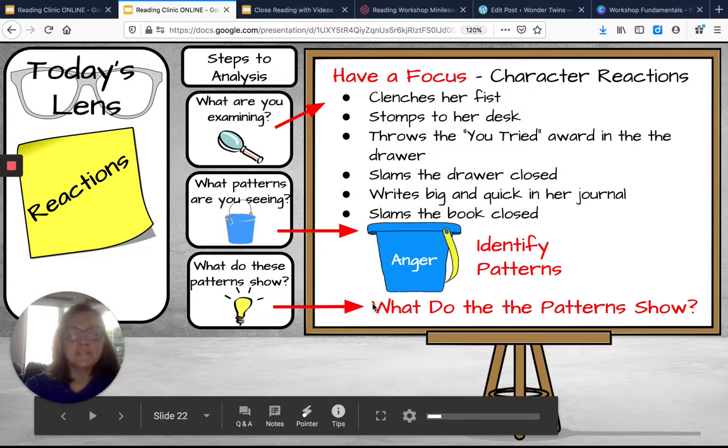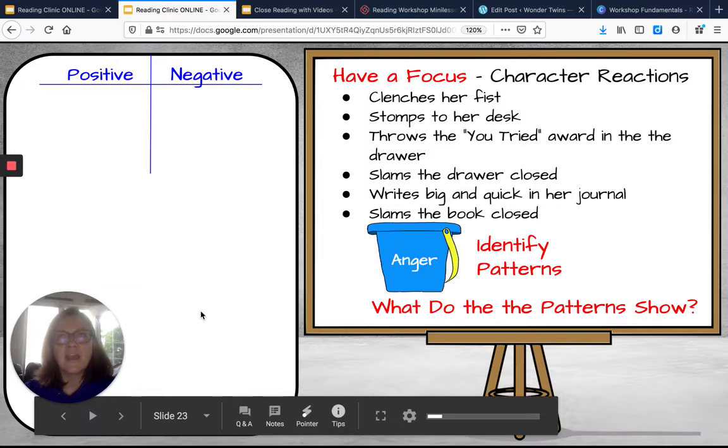But then when it comes time for what do the patterns show, I'm seeing things like, well, this shows that Renee is angry. And that really doesn't go beyond what the pattern is. And so today I wanted to take a pause on our strategies so that I could show you a strategy that might help you with this last part of the analysis. What do the patterns show?